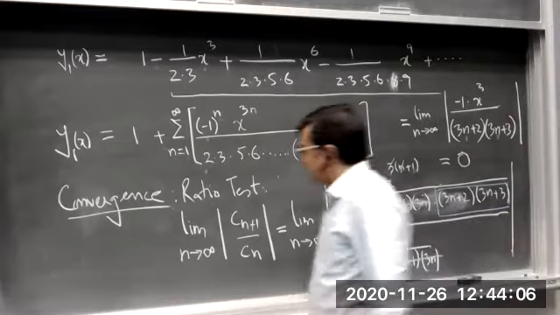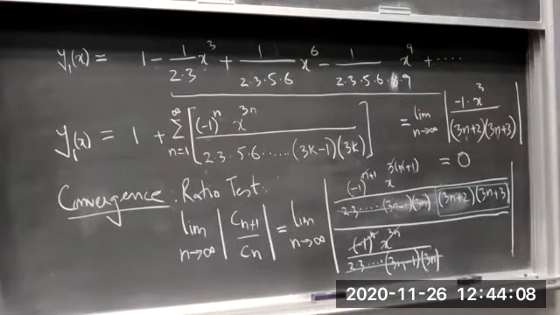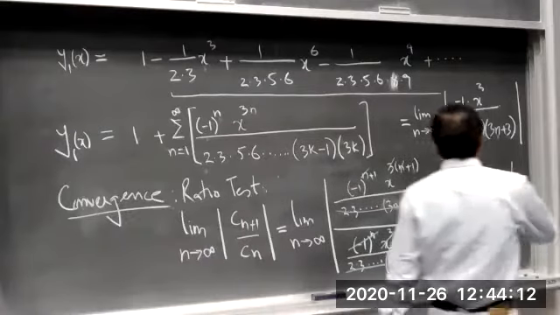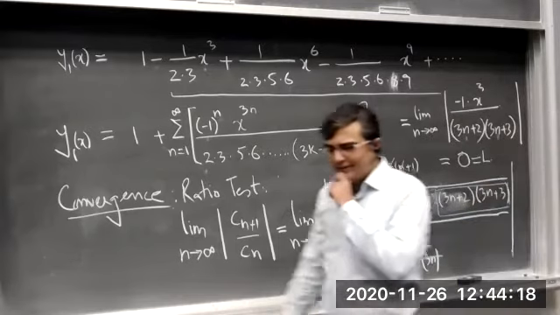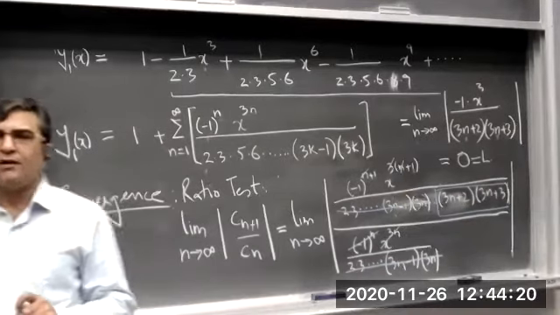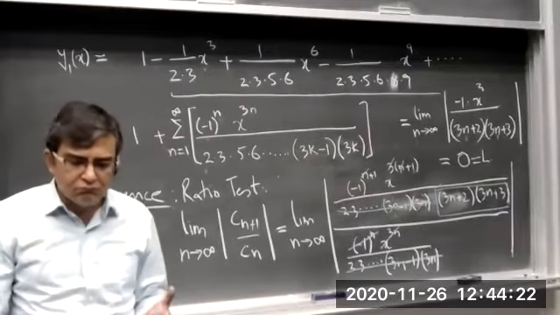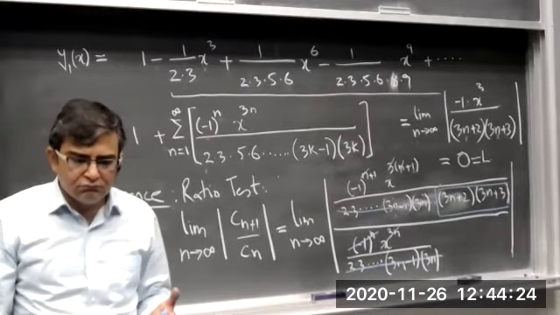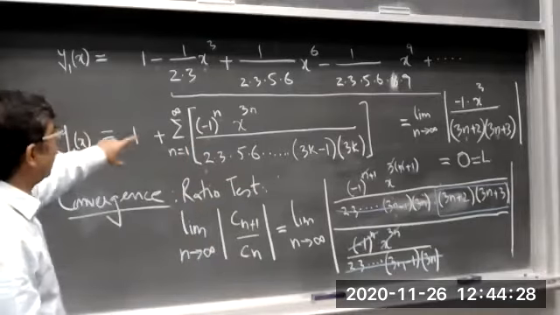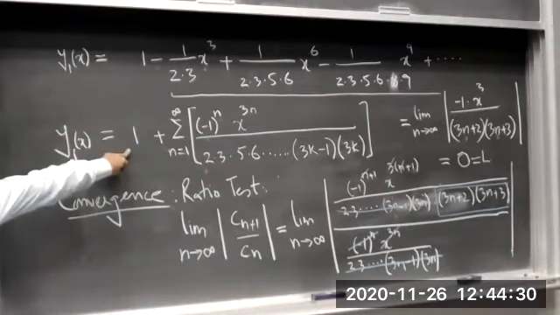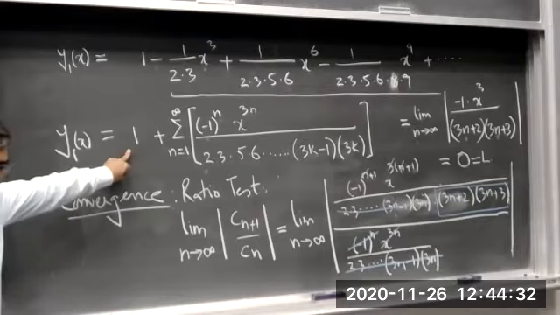Now, in the ratio test, if you obtain a limit L, this is your limit L. The ratio test tells us that if this L is less than 1, then the series is convergent. Now, the limit is 0, which is less than 1. So this series is a convergent series.